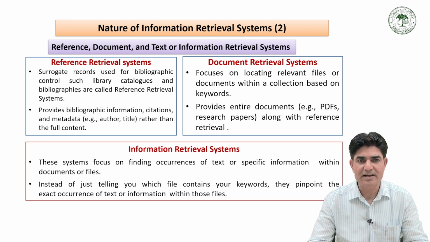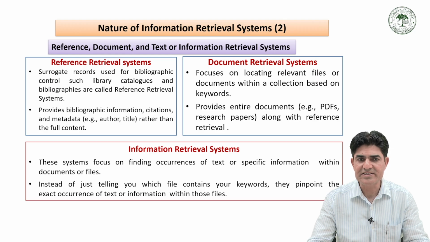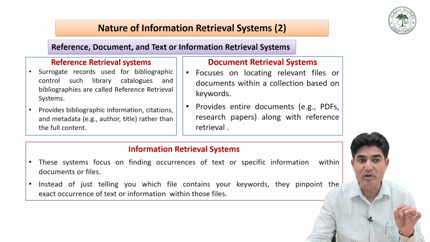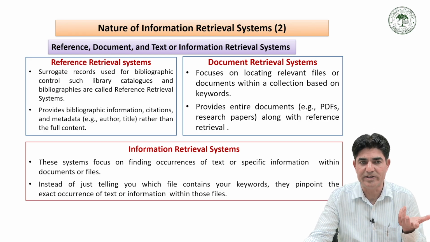So reference, document and text information retrieval systems. Reference retrieval system means that surrogate records which are used for bibliographic control, such as library catalog and bibliographies, are called reference retrieval. Only we can retrieve the bibliographic detail of the actual document.